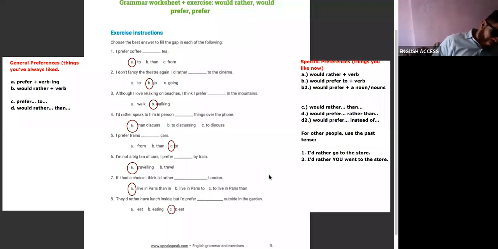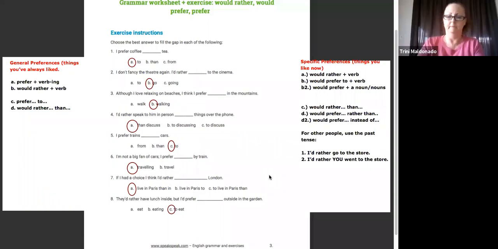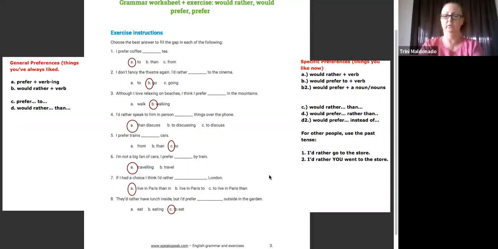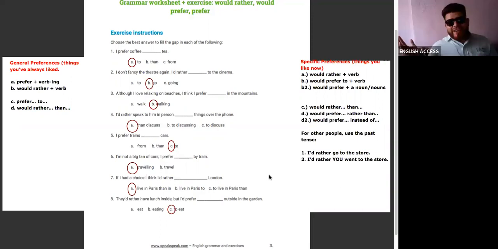Now, I don't like structures. I don't like grammar like that. I do specialize in teaching grammar. But grammar is not really important if you can communicate your message when it comes to English. Of course, you want to communicate it correctly, but it's just learning structures and all of this stuff is very difficult.